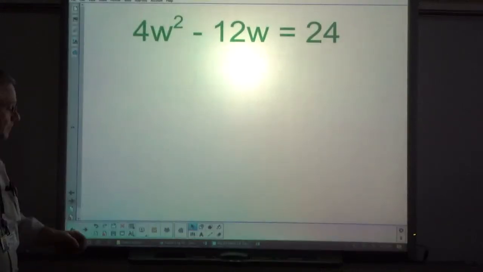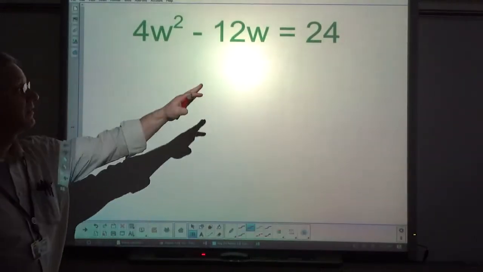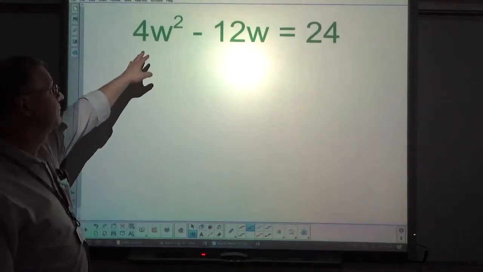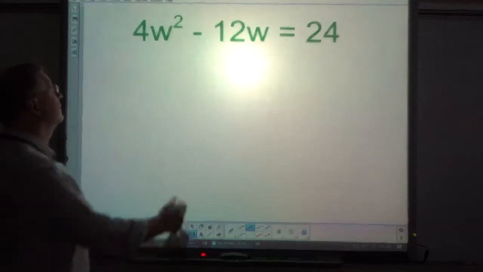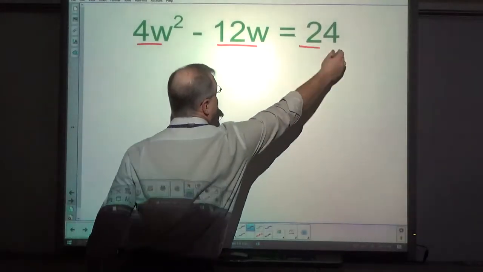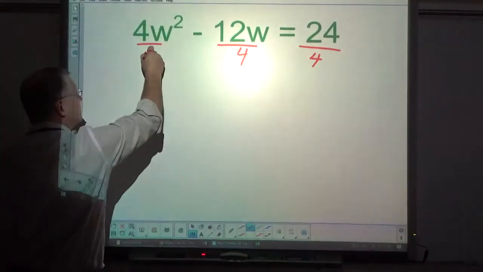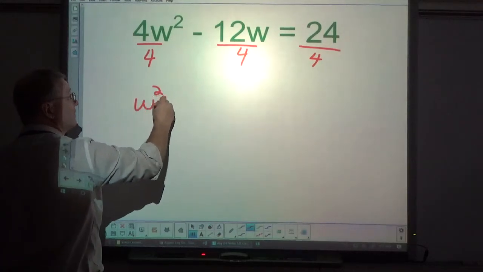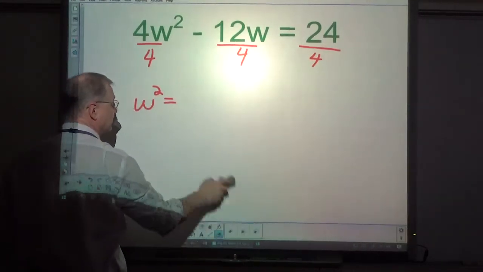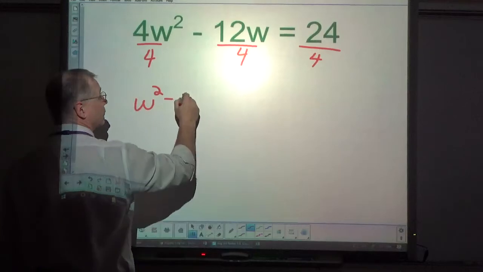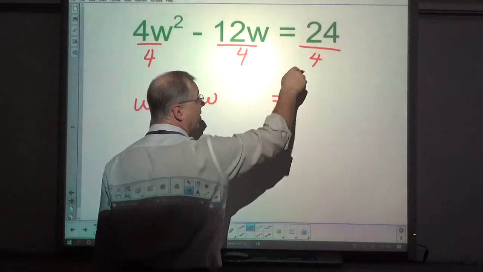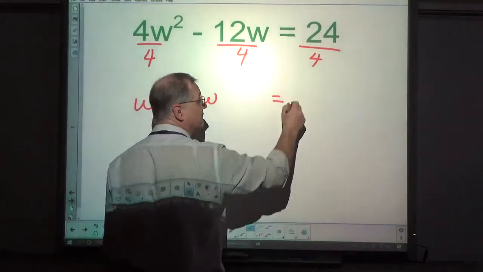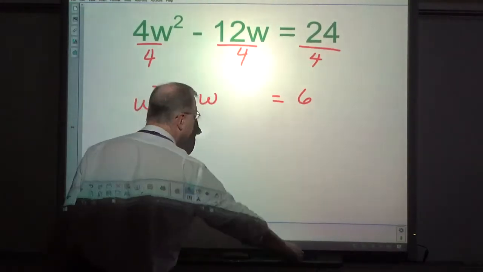Next example. I already have everything on one side, the w squared and the w terms isolated. I need to get rid of that 4. I'm dividing everything on both sides by 4. w squared minus 3w, big space, equals, now I can actually do that because it goes in evenly, 6.